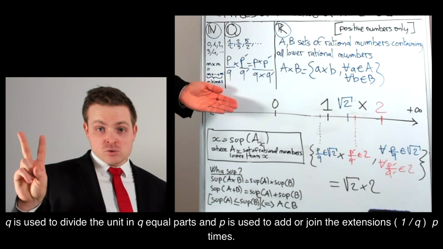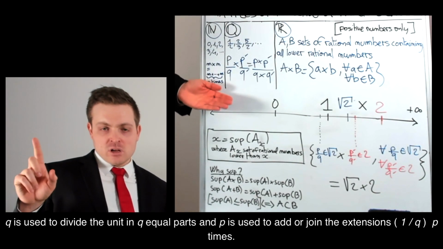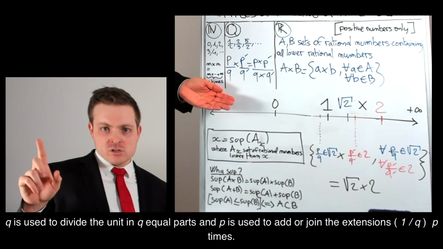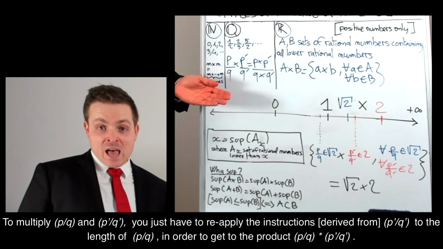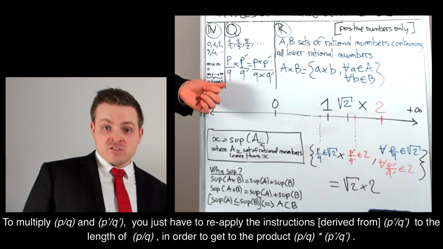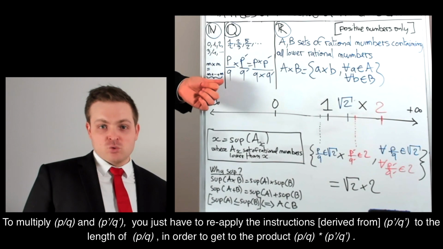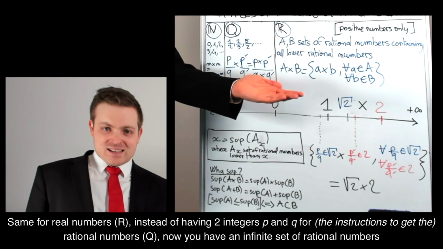So q is used to divide the unit in q equal parts, and p is used to add or join the extensions p times. To multiply two rational numbers, you just had to reapply the instruction of the second one to the length of the first one to get to the product p over q times p prime over q prime. Same for real numbers.